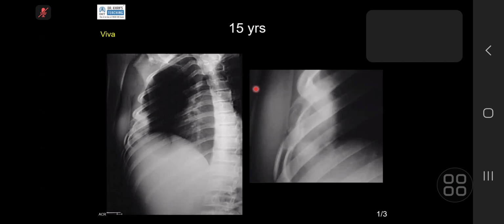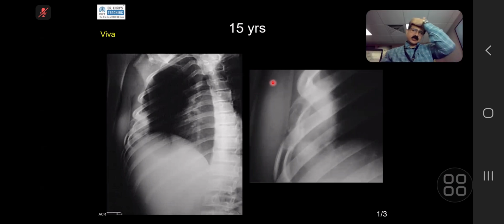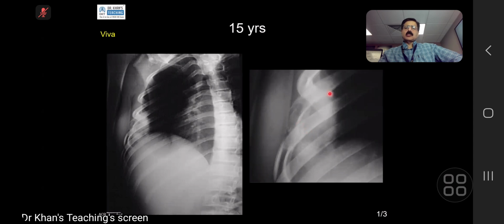Okay, thank you. So you see, this is a case in which we see, first of all, the findings, and then the differential diagnosis. So there is a rib here in which there is destruction. All of this rib is destroyed here, this lucency. There is periosteal reaction where I'm pointing out. So there is a very aggressive lesion. Once you pick that up, then the differential diagnosis is what we are talking about.